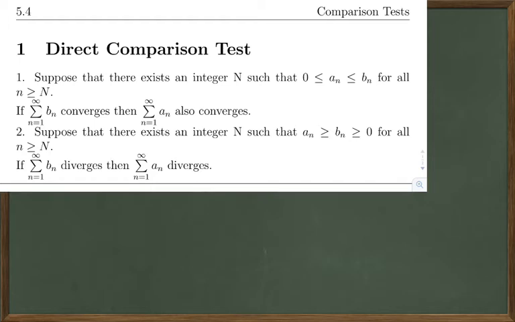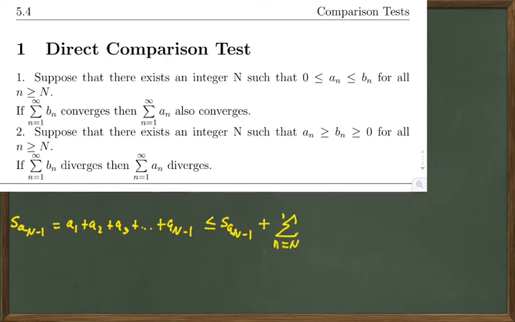So if we look at the partial sum of a sub n minus 1, which would be a sub 1 plus a sub 2 all the way out to a sub N minus 1, and that's going to be less than or equal to S of a sub N minus 1, so the same thing, plus the sum n equals N, so lowercase n equals the uppercase N, up to m of a sub n.